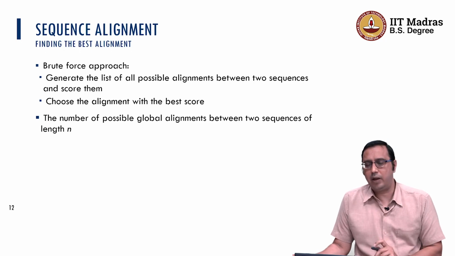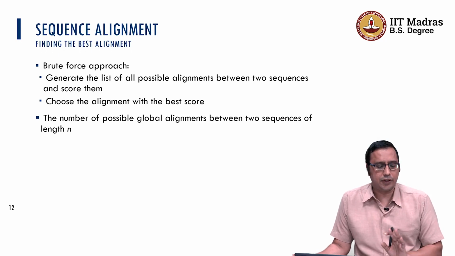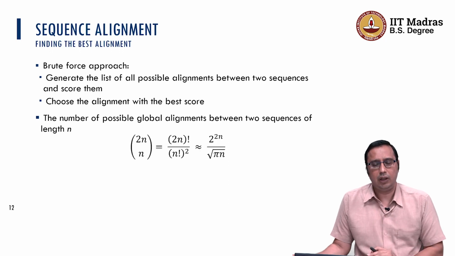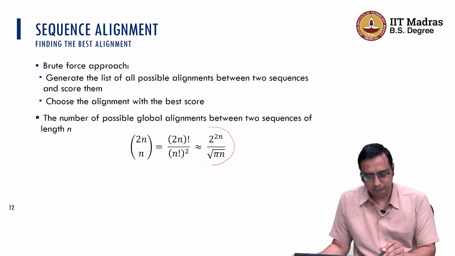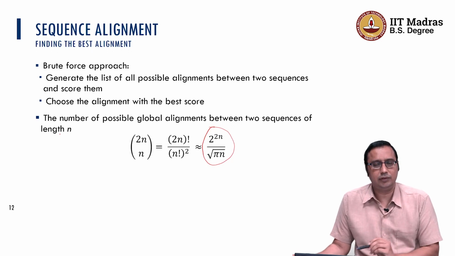Let's look at the global alignment problem between two sequences of equal length n. And we'll realize that we have to compare this many possible alignments for length n sequences.